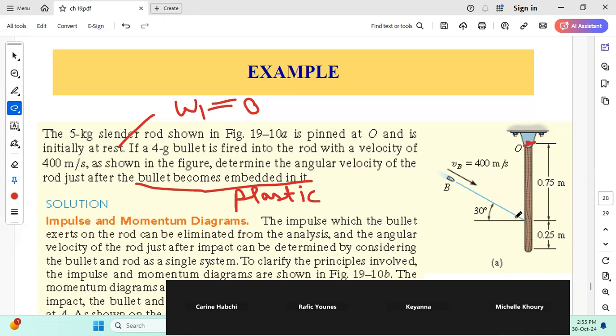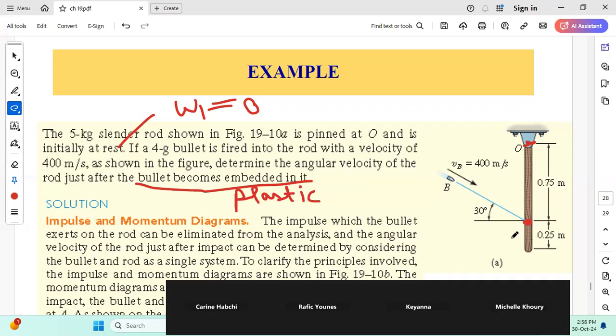So the bullet will stick to the rod and become part of this rigid body. Now, they want us to find the angular velocity just after collision. This is the question.